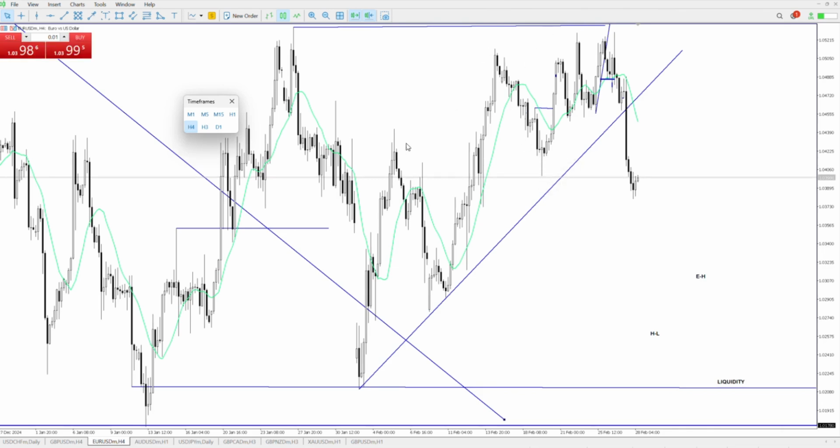The next thing we're going to do is to identify our highs and lows. Now this is the highest point that was formed. This is a higher high, and we also have what? This is our lower low.